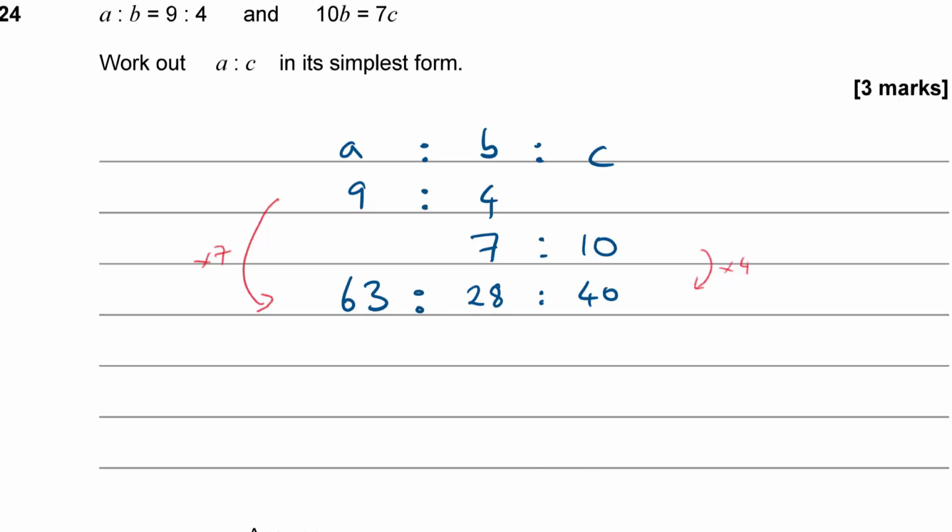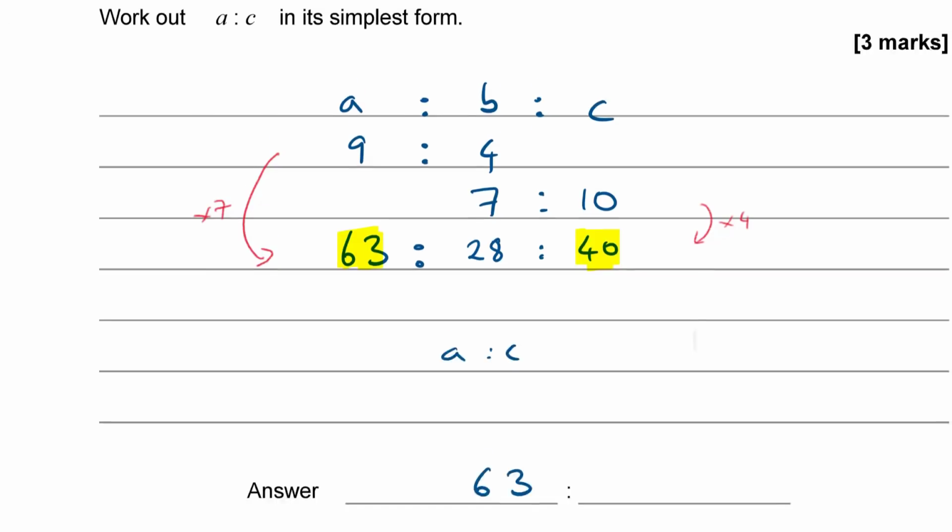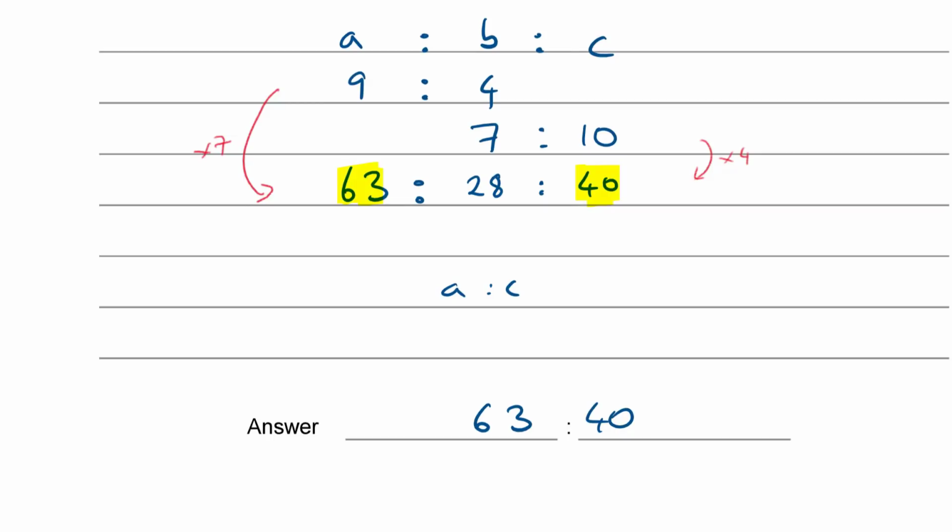So I've taken my two separate ratios and made one combined ratio for all of A, B and C, and now you see I can compare A and C and say that the ratio of A to C must be the ratio of 63 to 40. That's not in its lowest form, is it? Naughty me. So the ratio of A to C is 63 to 40.